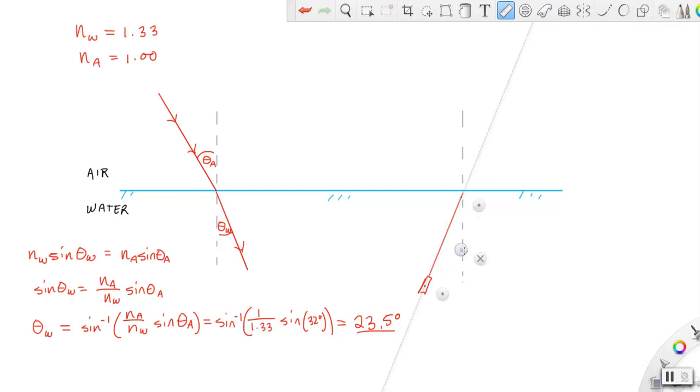I have to draw it at whatever integer I'm given. But we'll go ahead and claim that this is 23.5 degrees, and then we're interested in what angle it's going to leave the water at.